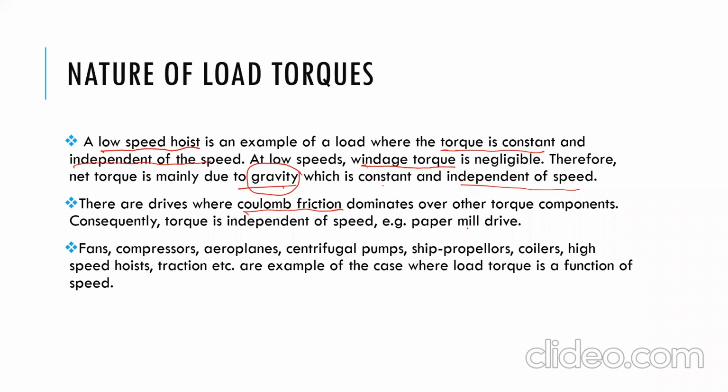For that you have to have a very large value of torque. Or for example, to print a paper, you have to press with a very large value of force, which is going to be constant. If the torque is constant, you can see that it is Coulomb friction.